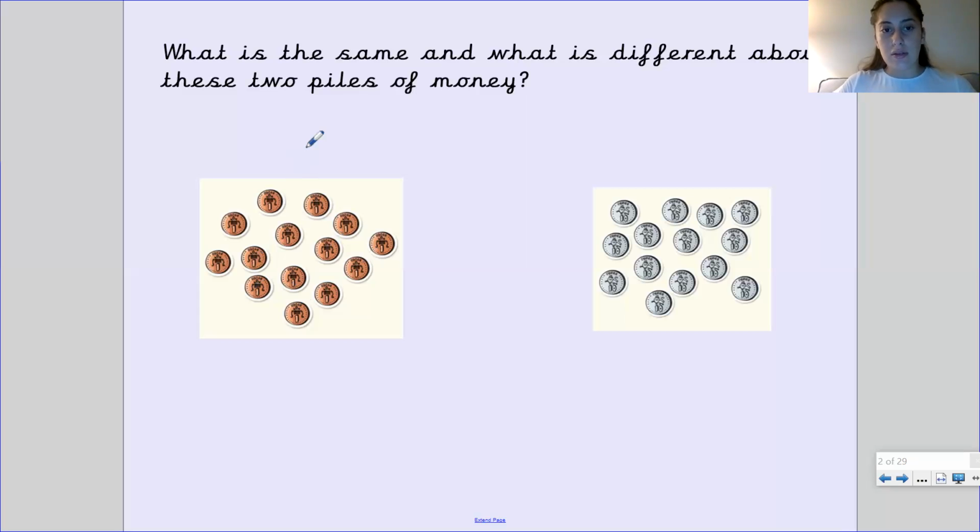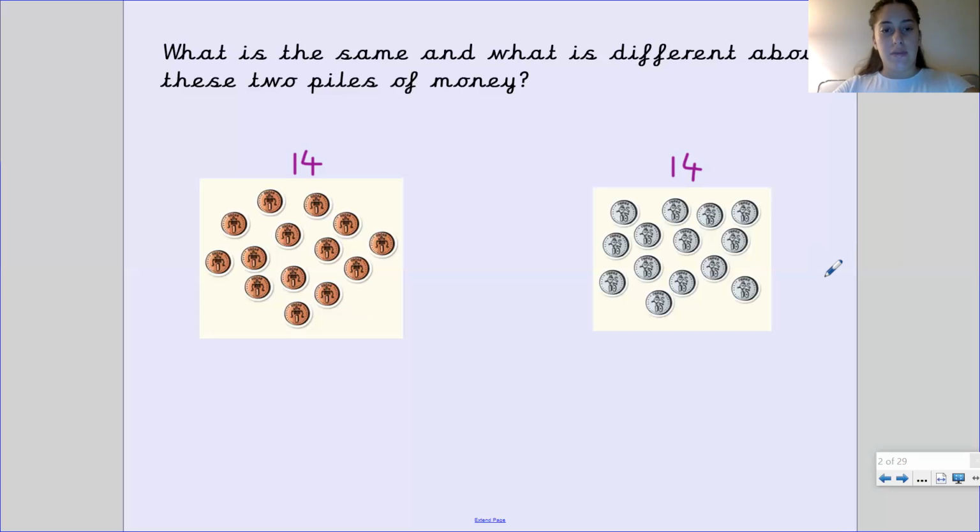So there are 14 coins here. And how many coins are in this pile? There are also 14 coins in this pile. So that's what's the same between these two piles of money. They both have 14 coins in them.